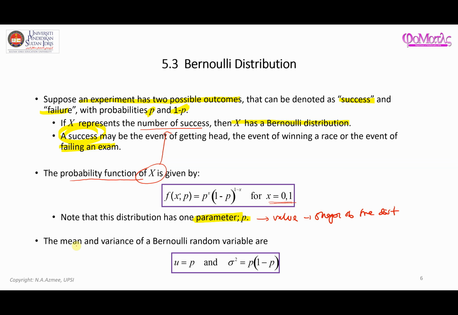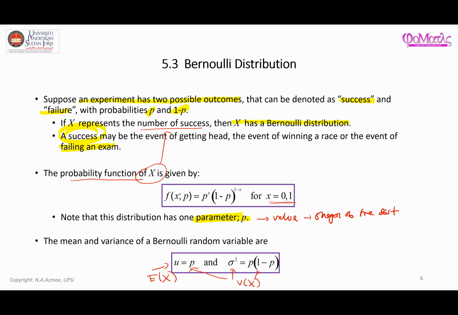Then next, you can see that the mean and variance of a Bernoulli random variable is given by these values. So here the expected value of X is going to be equal to p, and right here the variance of X is going to be equal to p(1 minus p).